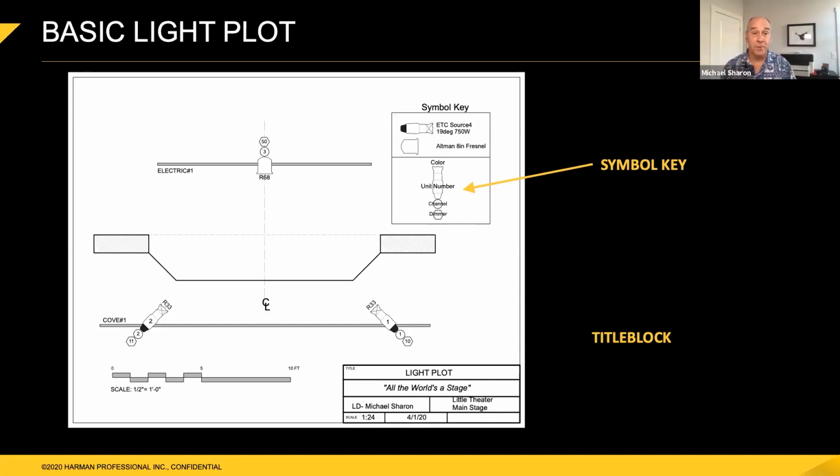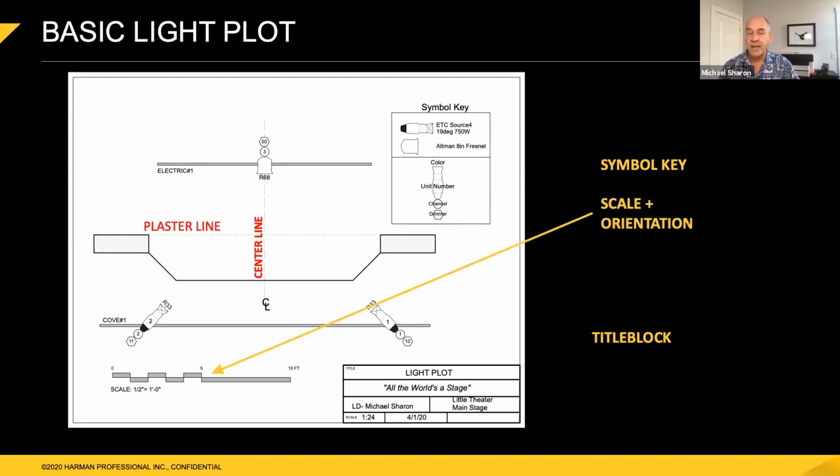In various theaters, your circuit number is your dimmer number. And some places you'll actually have a patch, so circuit A1 will go to dimmer 22, which might be channel 15, in which case that's three different pieces of data that potentially need to be thrown on that drawing. So you want to call out in your symbol key what information you are going to find on this drawing and how it is organized.